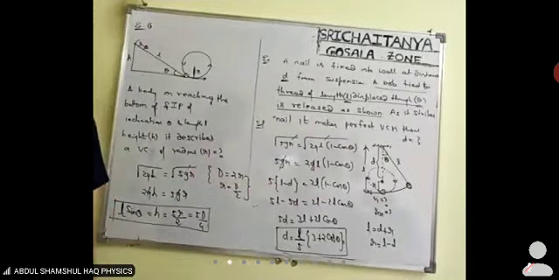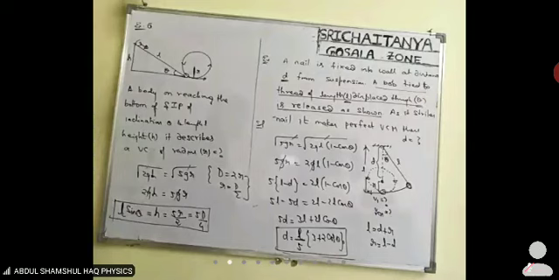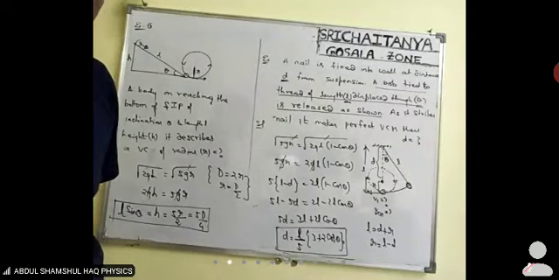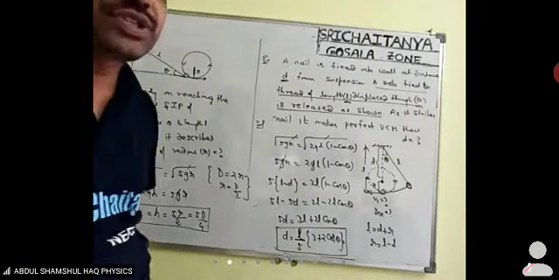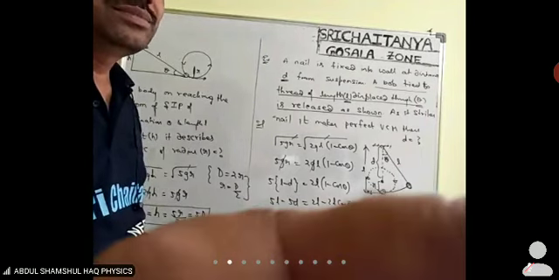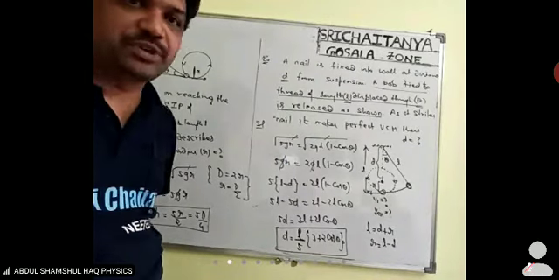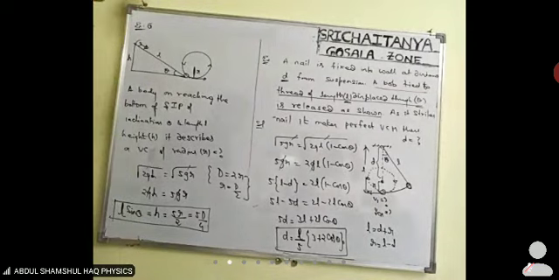Now tell me what is small l? Length of the string, suspension length. What is theta? Angle made. Very good. String displacement, angular displacement.